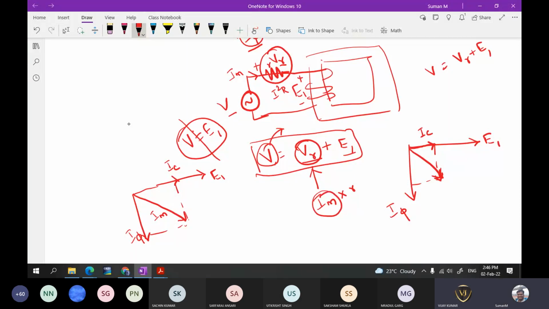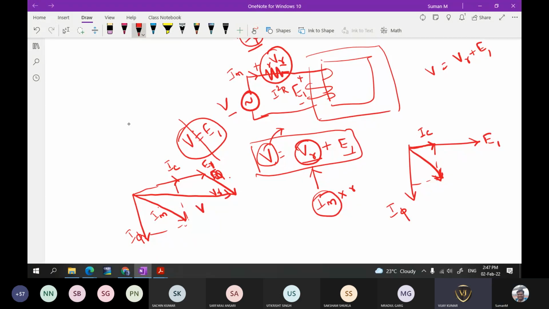So when you want to represent this VR, you can write it like this, because IM will be in phase with the voltage drop VR. When both are in phase, you can take it in the parallel component like this. So this is VR. Then the summation of E1 plus VR gives the voltage, that is nothing but V.